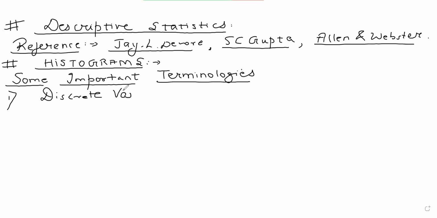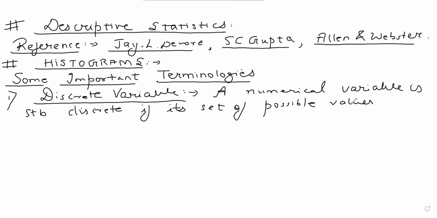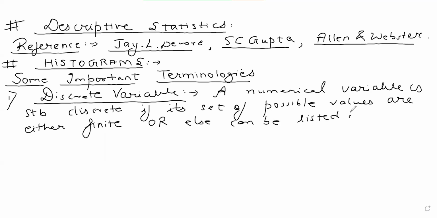Students can start writing: a numerical variable is said to be discrete (STB means said to be) if its set of possible values are either finite or else can be listed in an infinite sequence.